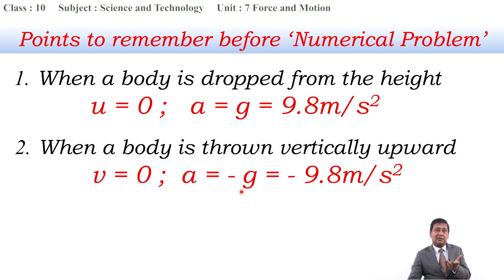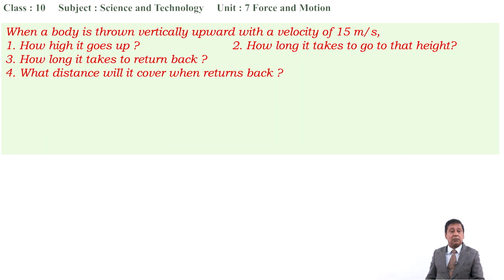Why minus? Because it is moving opposite to the direction of the acceleration due to gravity. Instead of moving to the center of the earth, it is moving away from the center of the earth. That's why g becomes negative, minus 9.8 meter per second square. We have to remember these points, and then only we will be able to solve the numerical problem.